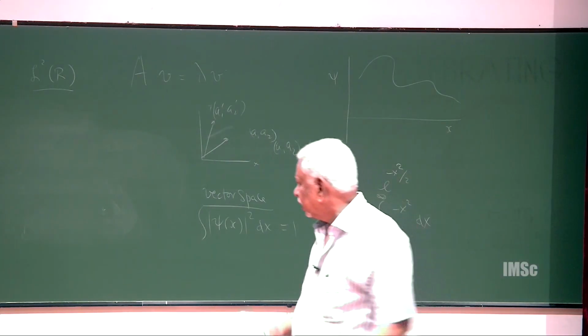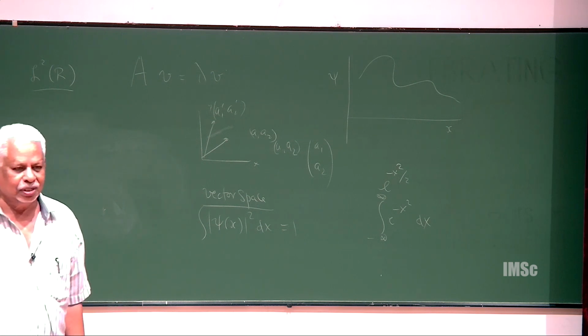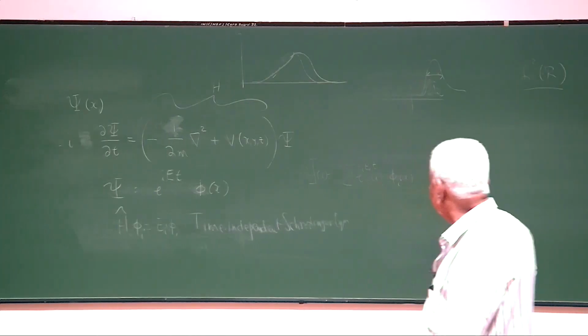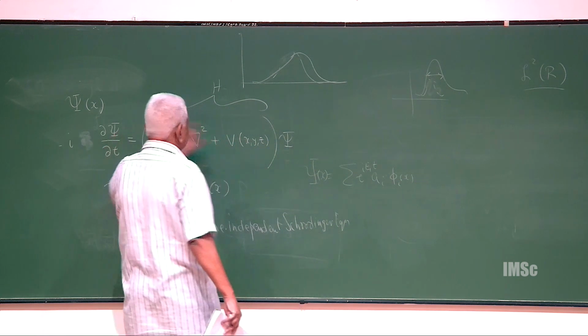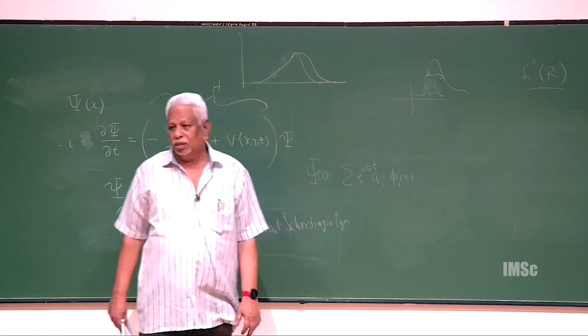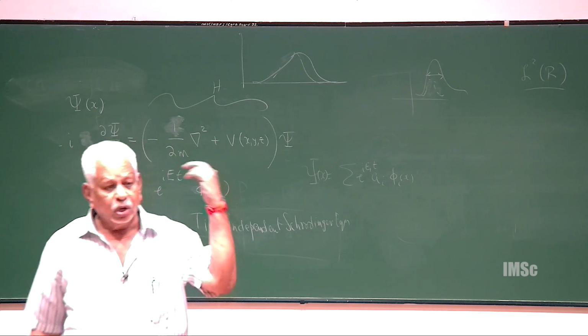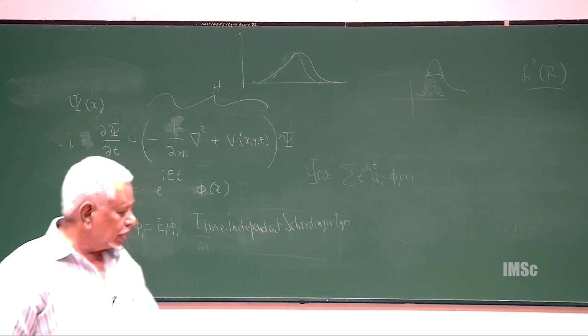That is the problem. You know the difference between linear and non-linear equations? In a linear equation, psi appears only linearly, with only one power. Supposing I had a psi square also appearing there, then it would become non-linear.